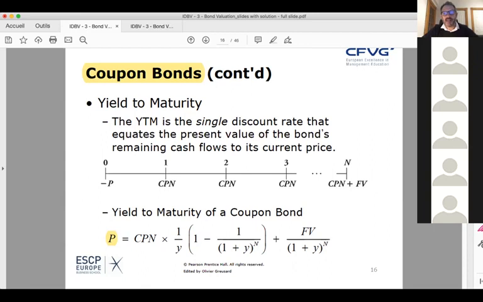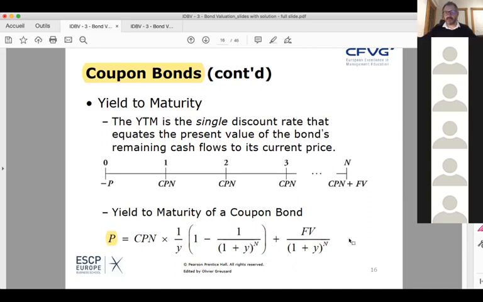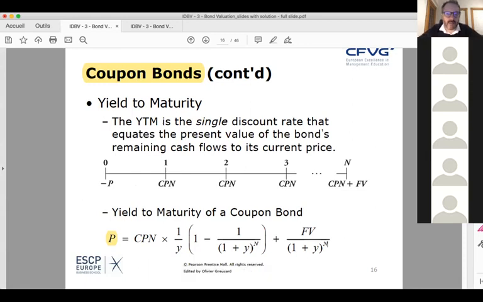If the price is exactly the present value of all you will receive, it means that what you pay is exactly equal to what you expect to receive. So this is a zero NPV project, you understand? Because what you receive is exactly equal to the price.